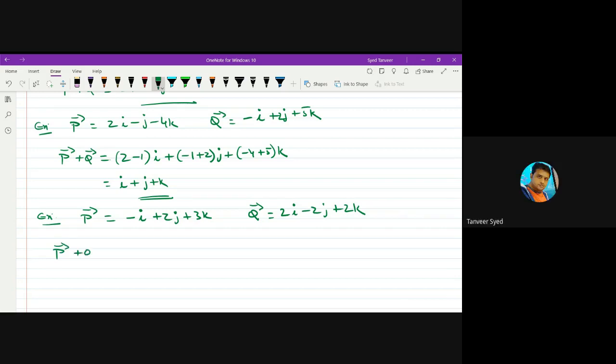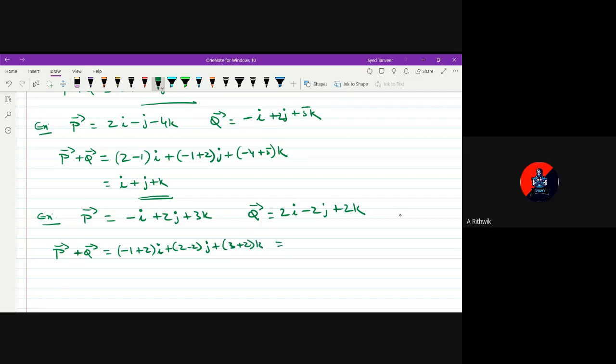P plus q: minus 1 plus 2 is i, plus 2 minus 2 is 0 j, plus 3 plus 2 is 5k.